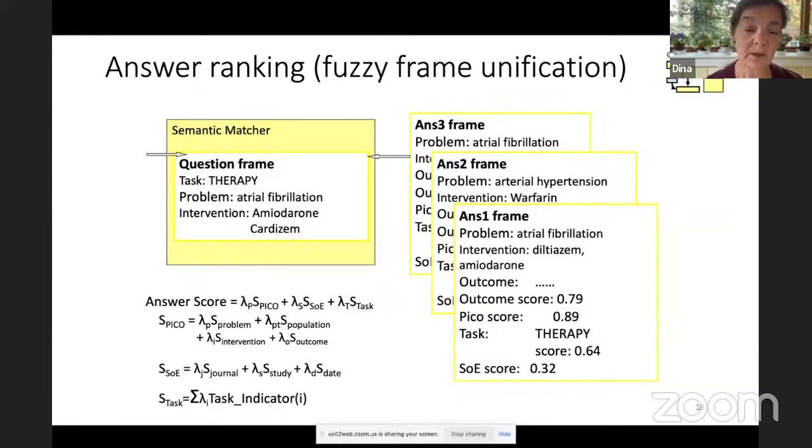And what we found out is that the true unification, where the frames match exactly, is not really possible, because almost never will every slot be filled by the same terminal instances in the published literature as we have in our question. So we have this fuzzy unification where the frames absolutely have to agree on the problem that is being discussed. This is a firm constraint, but all the other parts of the frame are softer, and the frame with the highest score is the best answer.